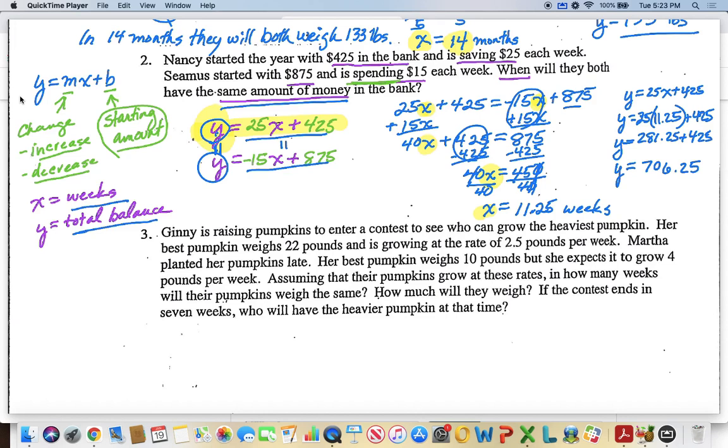So that's how much money they will both have in their balance when they both have the same amount. So we can write a sentence: in 11.25 weeks, they will have $706.25 in the bank.